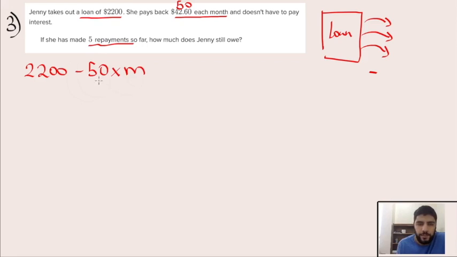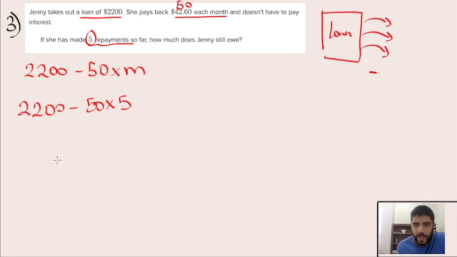So if it's 2 months, then it'd be 50 times 2, so it's 100, and then we subtract. If she has made 5 repayments so far, so instead of m here, we know that she already made 5 repayments. So it should look like this: 2,200 minus 50 times 5.